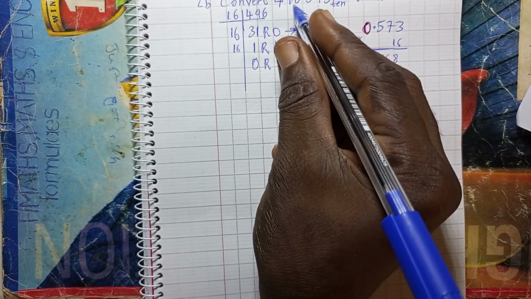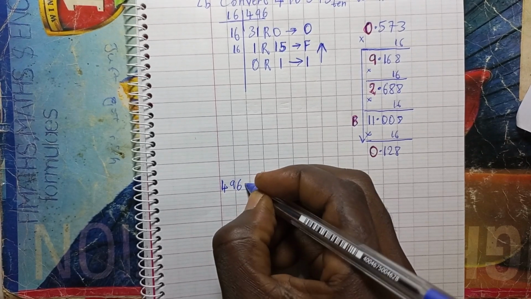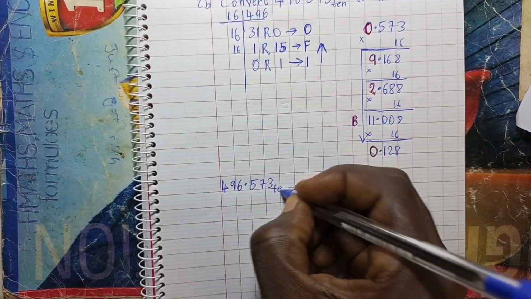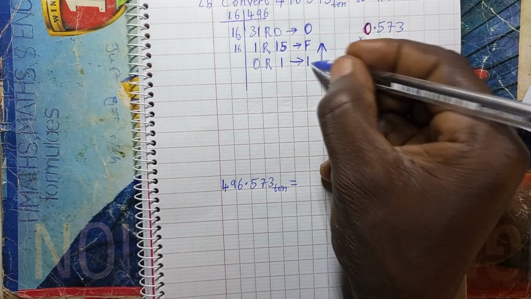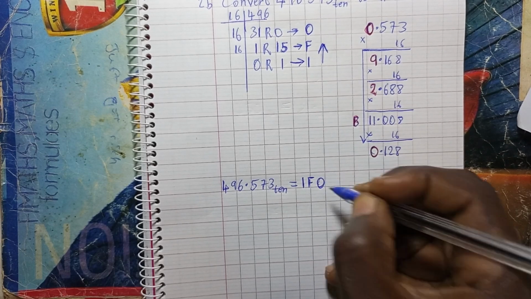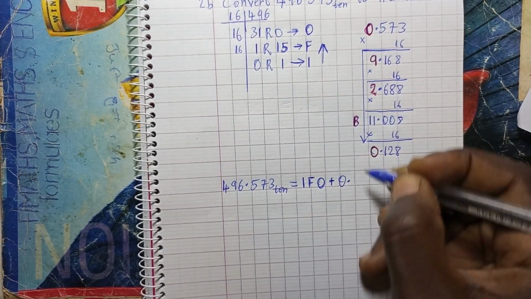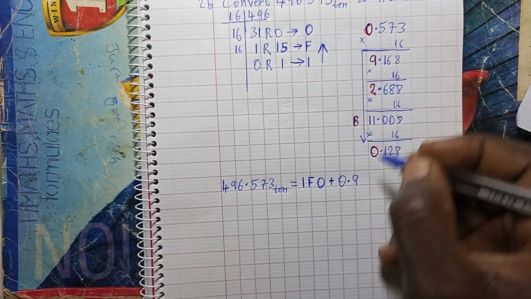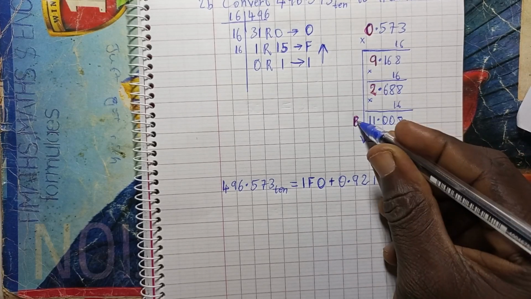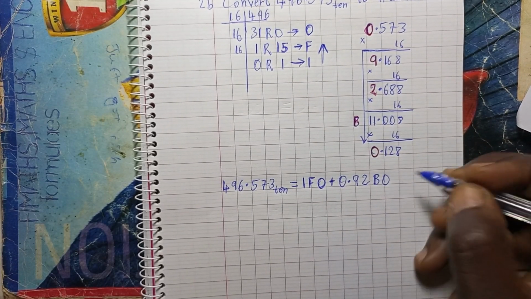So this 496.573 base 10 is equal to 1F0 plus 0.9211, which is equivalent to B, and finally 0.